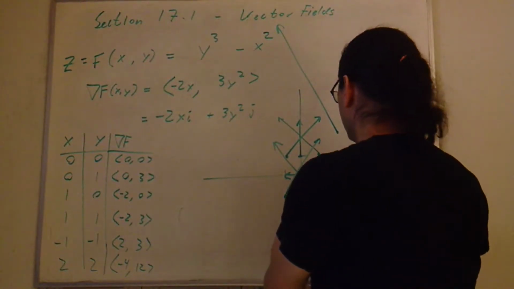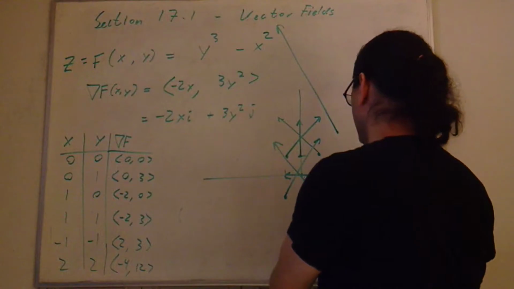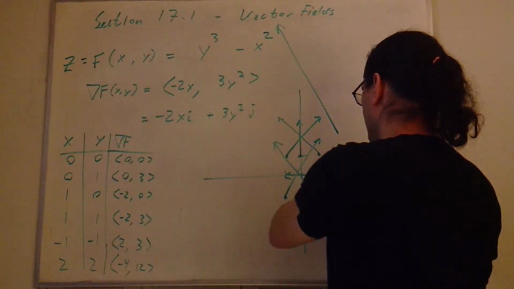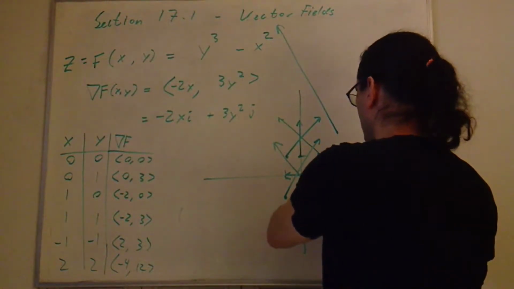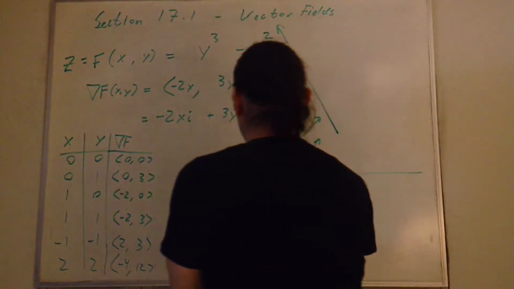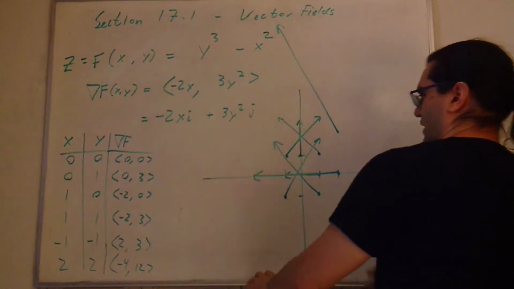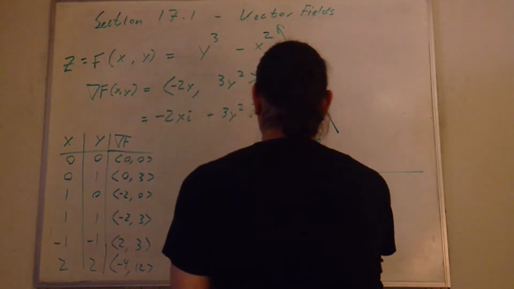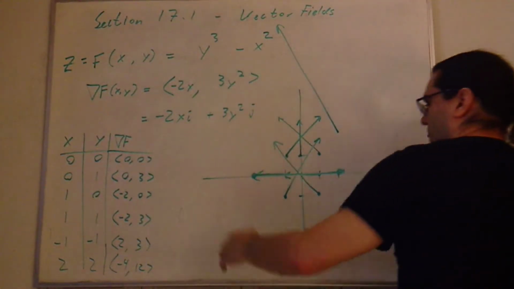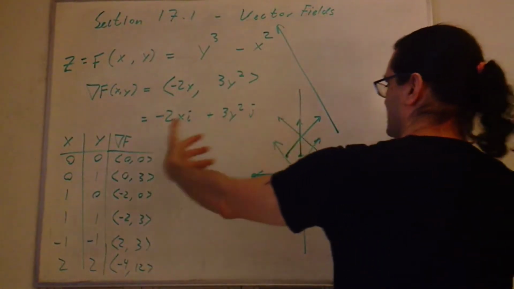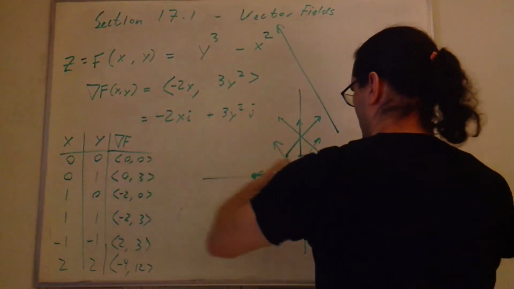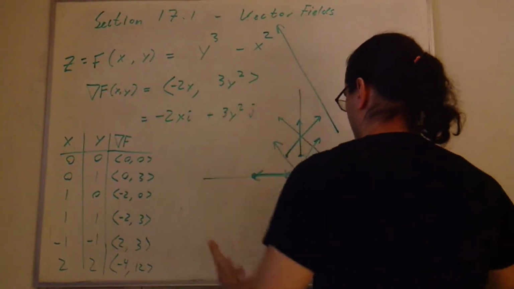Let's go out to some 2's on the x-axis here. At 2, 0, we have this vector for negative 4. I bet at negative 2, 0, we have a vector for that way. So we have this sort of symmetry across the x-axis where things are going like crisscross.